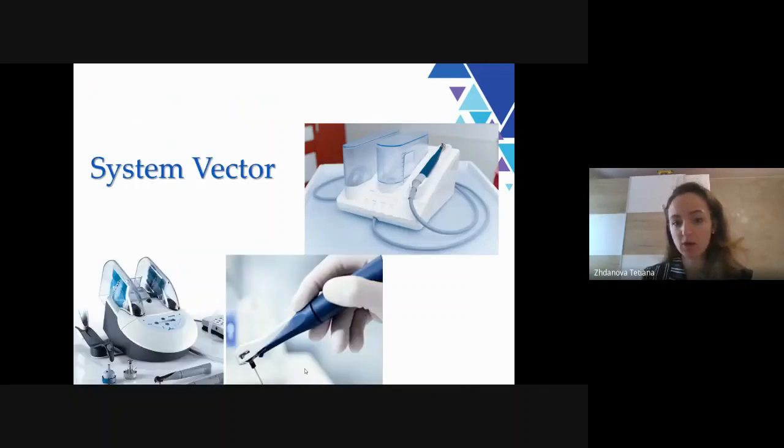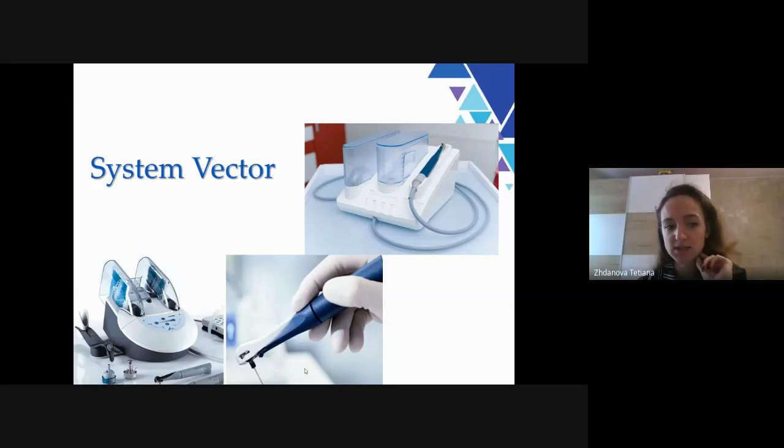And the Vector system. I remember the time when it was a very good and very modern instrument, used only by good clinics.